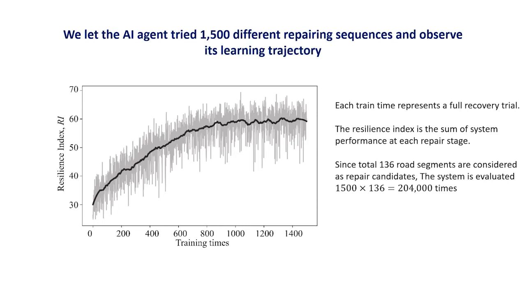The y-axis is the resilience index of that recovery trial, which is the sum of the system performance at each time step. So we are conducting more than 200,000 decisions with this AI agent, because for each full recovery we have to make 136 decisions.